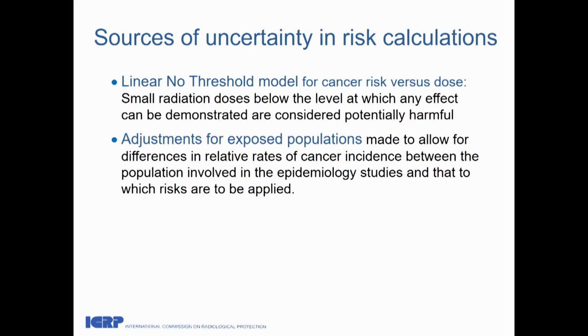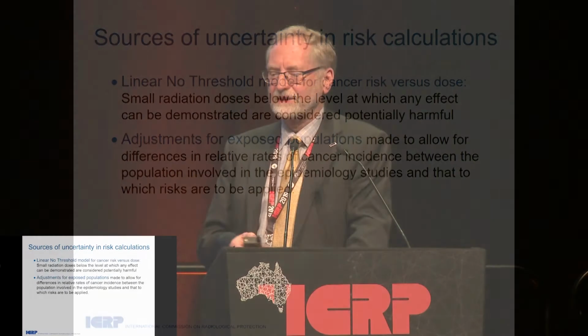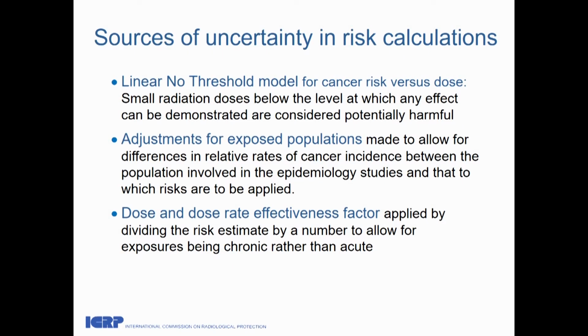Now, in deriving the risk calculations, there are other uncertainties. There are differences in the Japanese population, which is the predominant one contributing to the risk evaluation. So we have factors that we adjust based on the cancer rates in the Japanese population and ours.